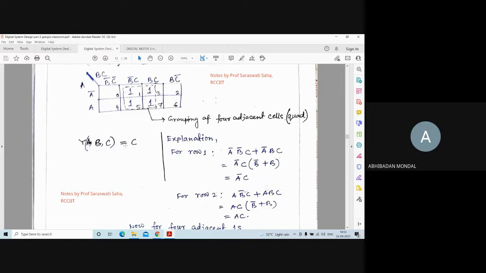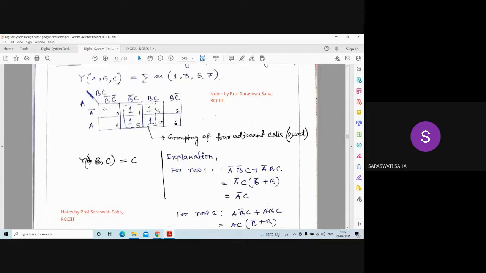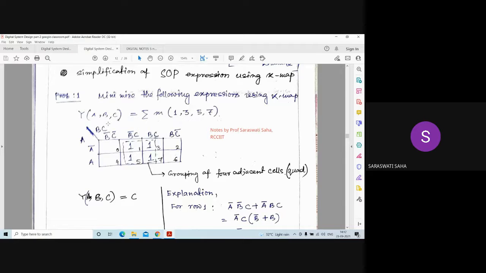So you can overcome that drawback by using the K-map. So this is one example.